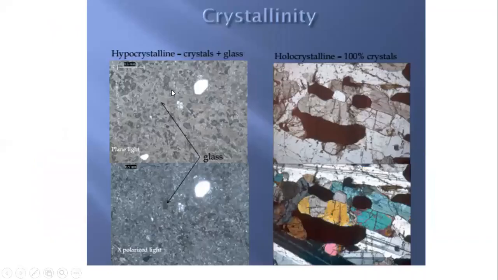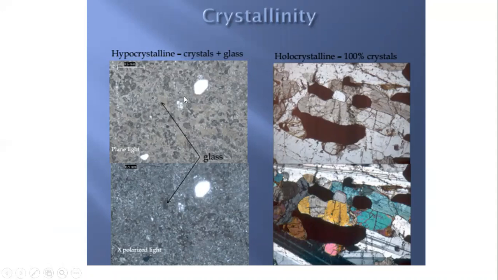These are two pictures showing hypocrystalline and holocrystalline rocks. These are the microscopic features. The left one represents the hypocrystalline rock, which means that both crystals and glass are present within the rock.